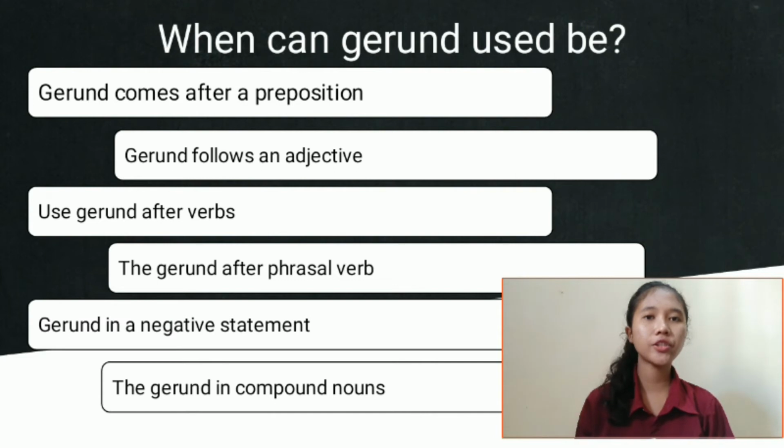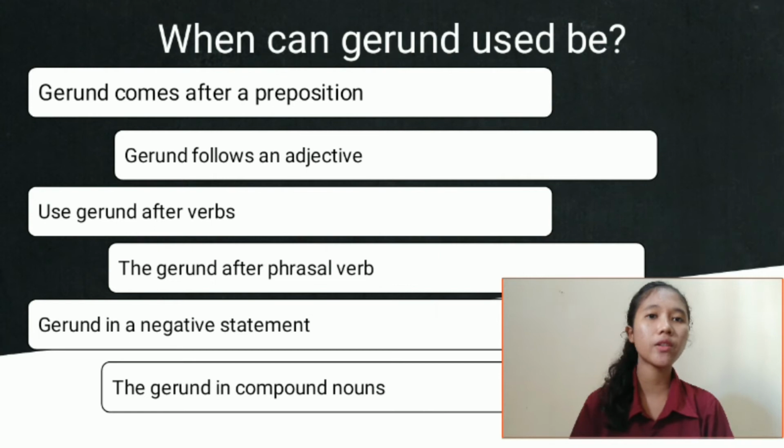The third is using gerund after a verb. The gerund can replace a noun as the object of the verb. Whether you use a gerund depends on the main verb in the sentence. There are several verbs that must be followed by gerund, such as advise, celebrate, delay, enjoy, and the others.